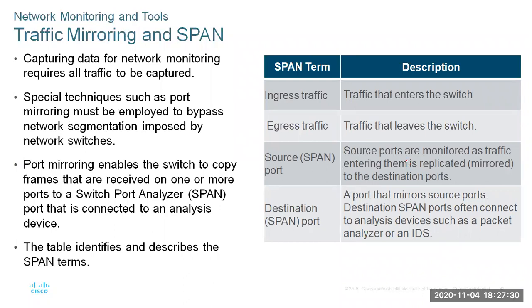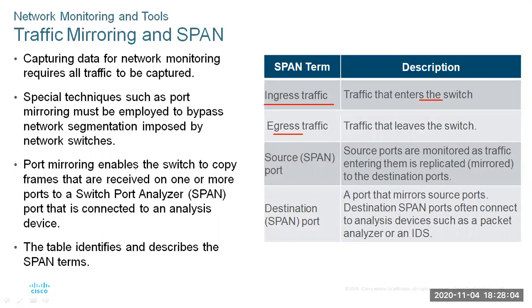Then the next tool is traffic mirroring and SPAN. Capturing of data for network monitoring requires all traffic to be captured, whether the ingress traffic, which is the traffic that enters the switch, or the egress traffic, that's the traffic that leaves the switch, okay? Now, special techniques such as mirroring must be employed to bypass network segmentation imposed by network switches.